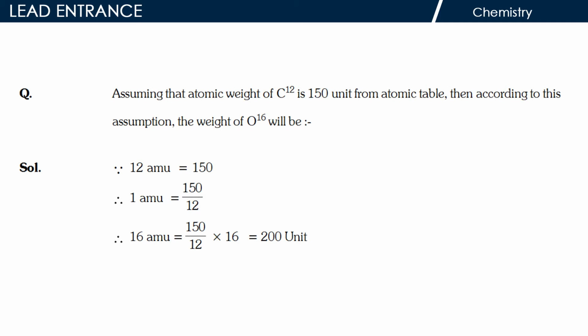Therefore 1 atomic mass unit is equal to 150 divided by 12. Therefore 16 atomic mass unit is equal to 150 divided by 12 into 16, which is equal to 200 units.